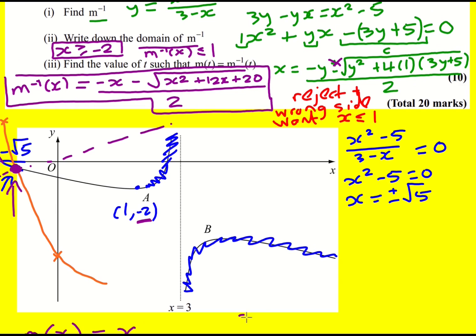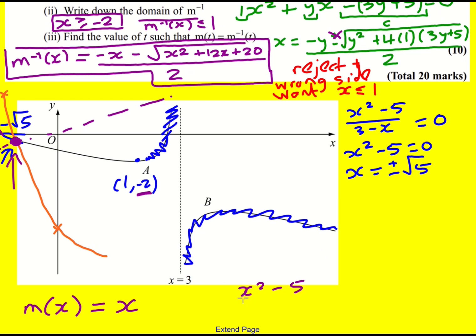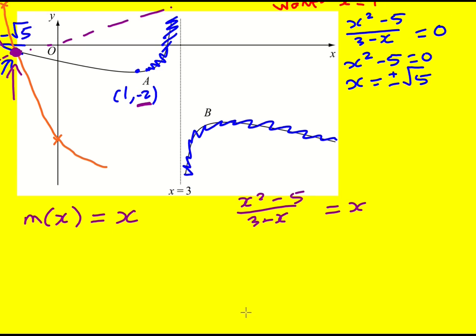So we've got x squared minus 5 over 3 minus x equal to x. When we solve this equation, it will give us where the original function and the inverse cross. I'm sorry again about this not great diagram, but it was hard to fit on the left. So x squared minus 5 is going to equal 3x minus x squared, which means 2x squared minus 3x minus 5 is equal to 0.